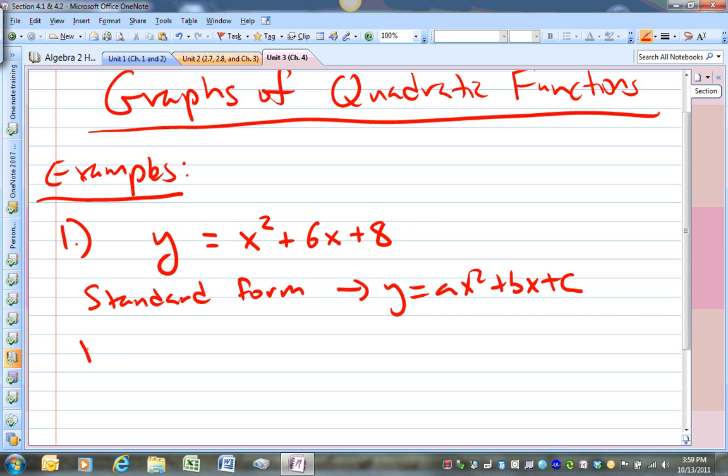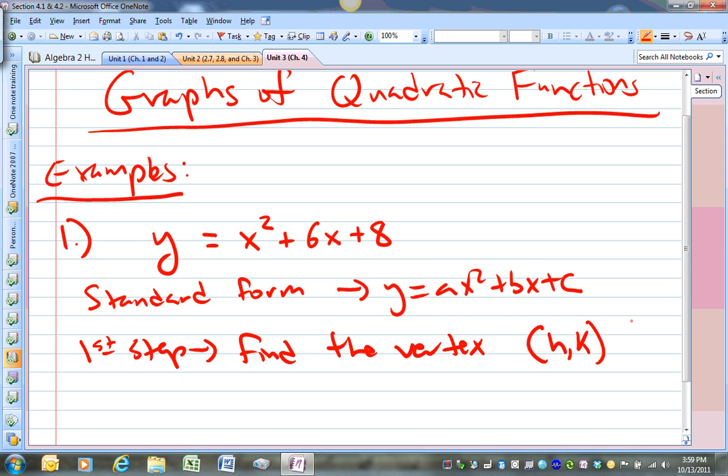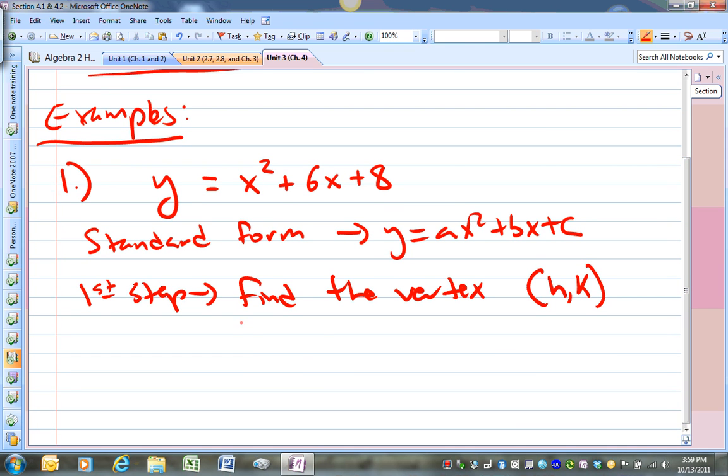The first step is find the vertex. Remember the vertex we called h comma k? So that's what I find. H will always equal negative b over 2a. So in this case, b is 6, so you have negative 6.